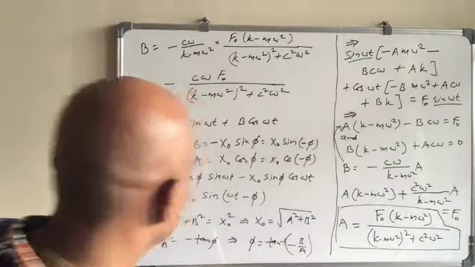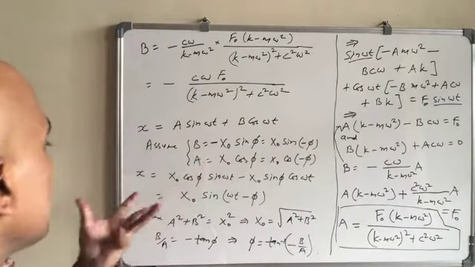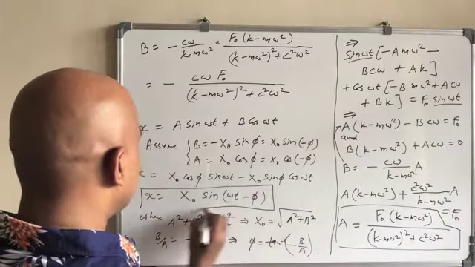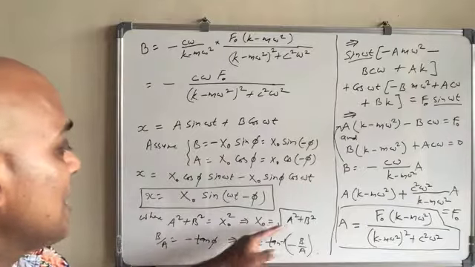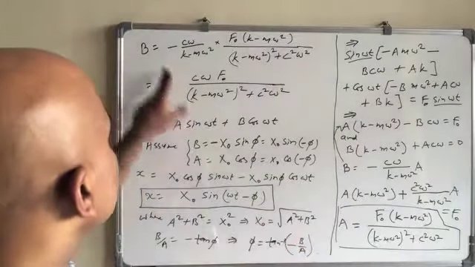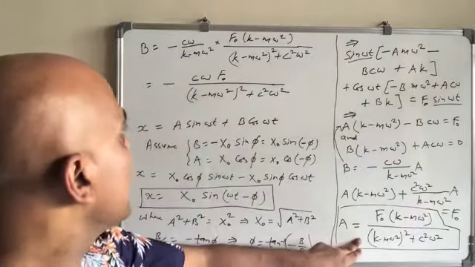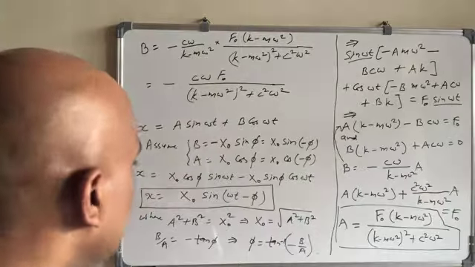So what is the solution? The solution is x equal to x naught sine of omega t minus phi, where x naught is equal to root under a square plus b square, where a is equal to this and b is equal to this. This is the solution. Okay.